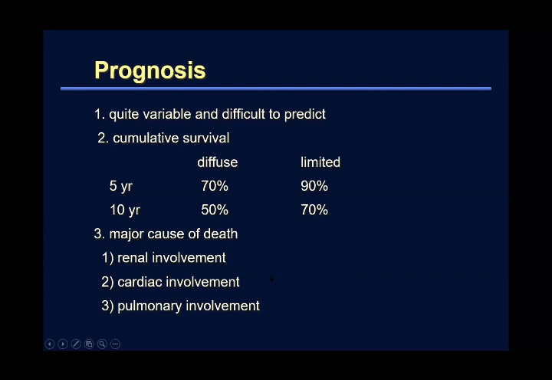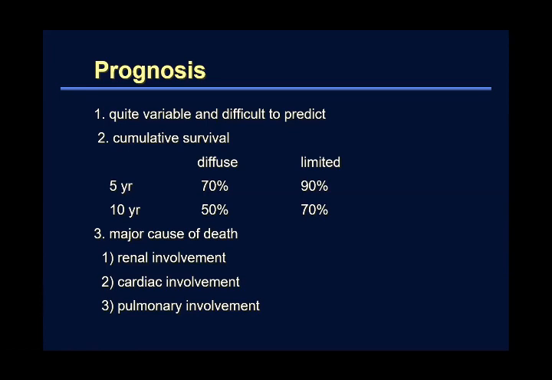Cardiac involvement, or you can have pericarditis, especially the patients who have a myocardial fibrosis, they go into congestive heart failure. And pulmonary involvement with pulmonary hypertension, with pulmonary interstitial fibrosis, can have respiratory failure, chronic hypoxemia leading to pulmonary hypertension, and right heart failure.